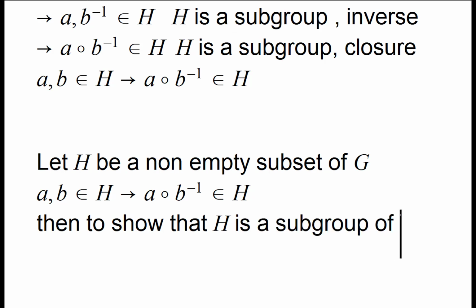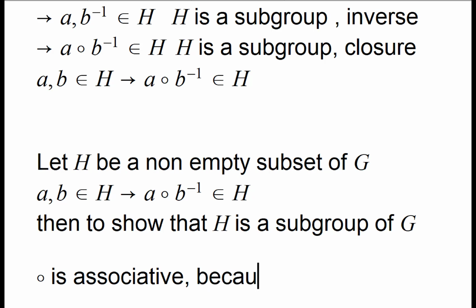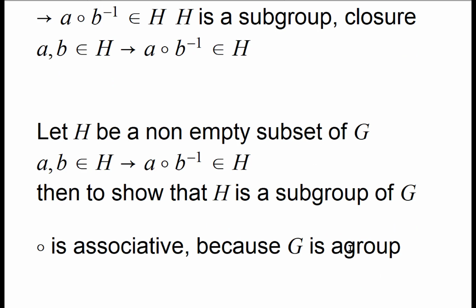So we know that associativity, or let's write it formally. Sometimes I just speak, not write. This is associative, and the reason is this, because G is a group. So what we have to show next is that we have closure here.